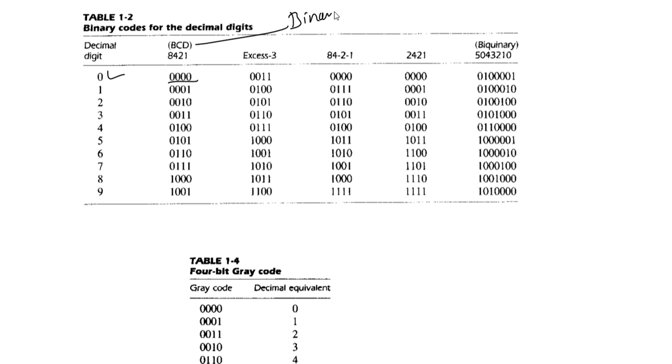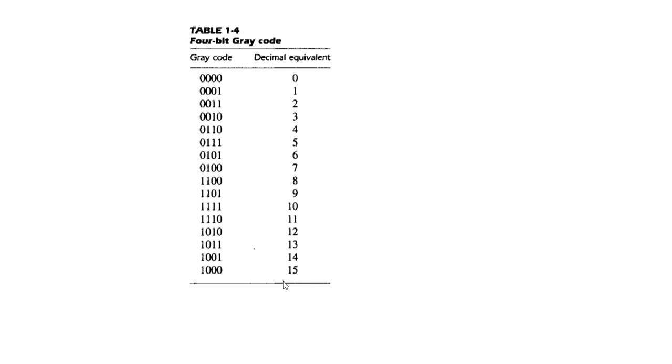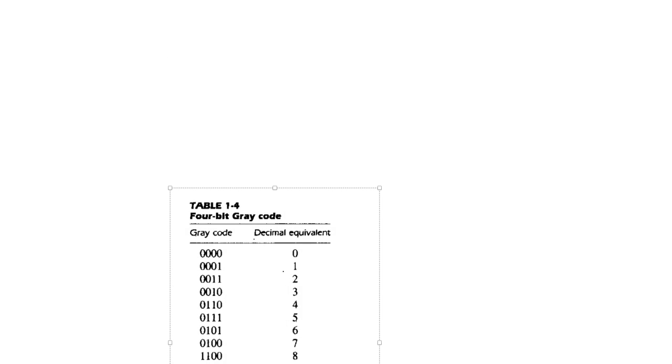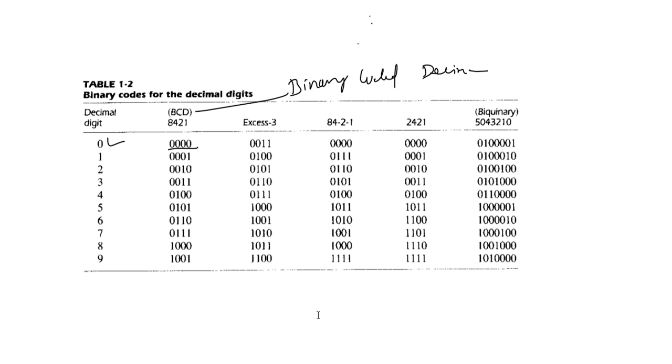BCD should be a combination of only 4 bits, with weights 8421. Now for 0, how many bits are used? Even for 0 I can write just one bit, that is 0.